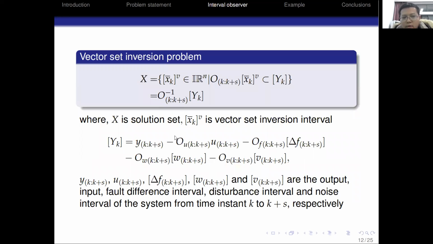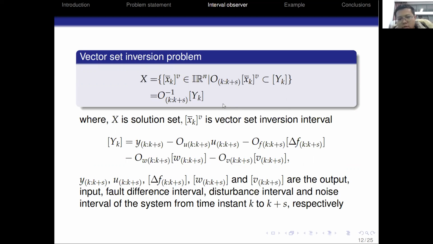So we have this problem, and we define the vector set inversion problem. We define X equals this set.